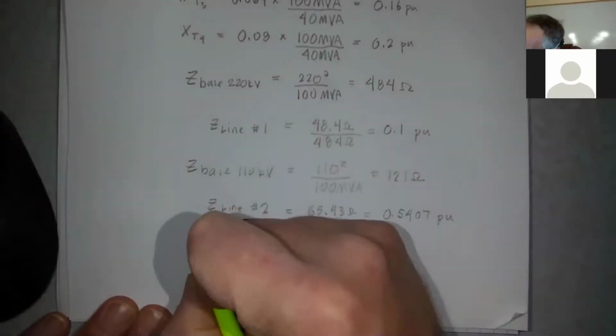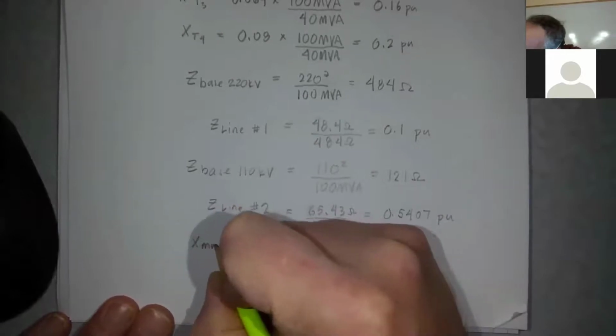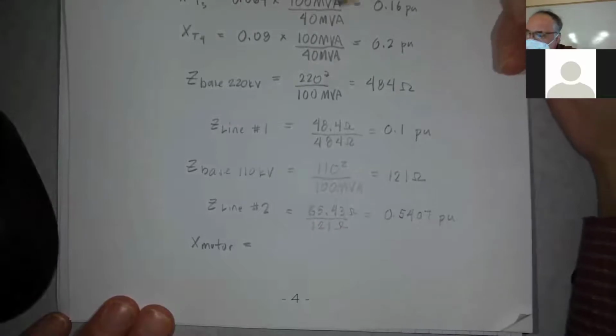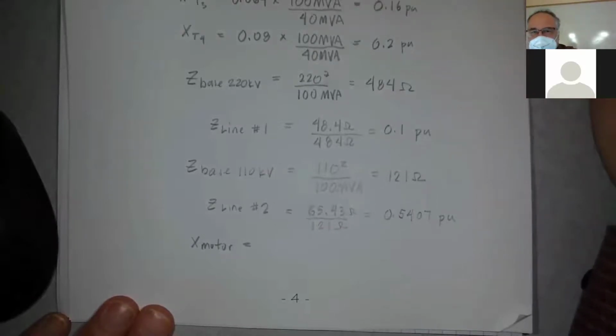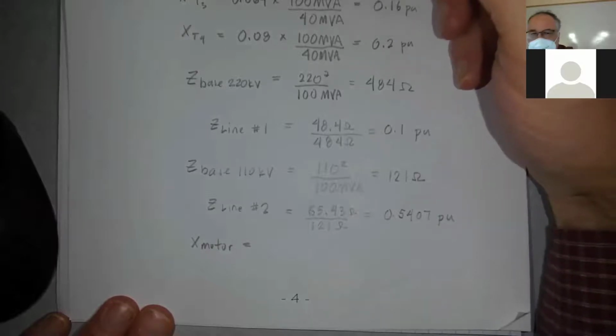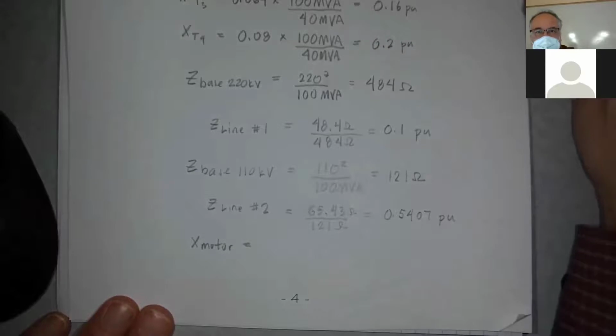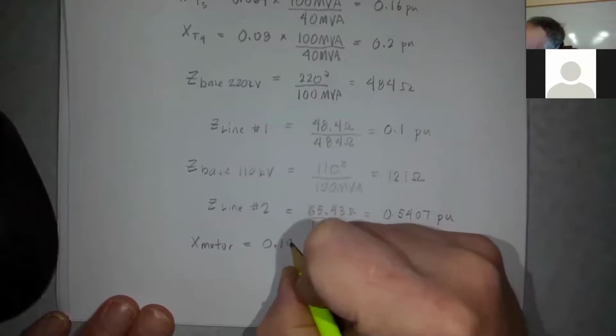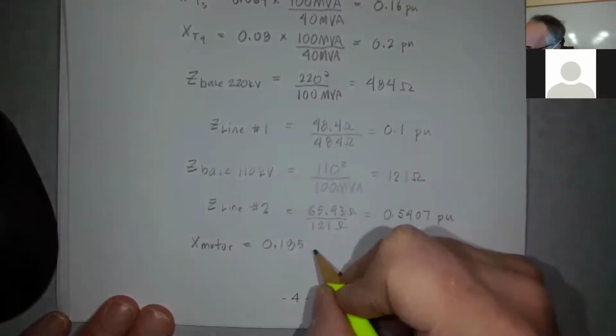So X for the motor. Well, we can do it the same way we've been doing it for the transformers. Is there a per unit or percent number on the motor? 0.185. Okay.